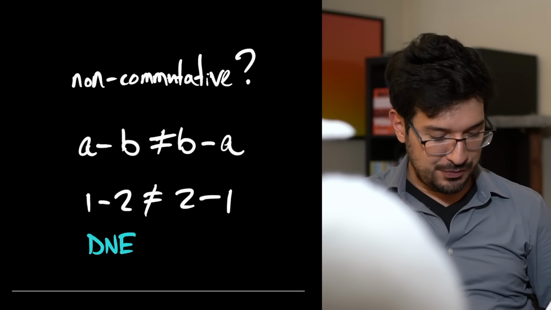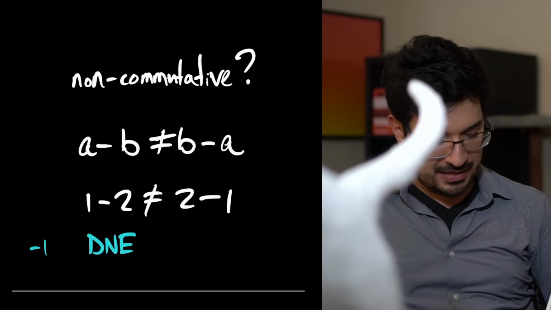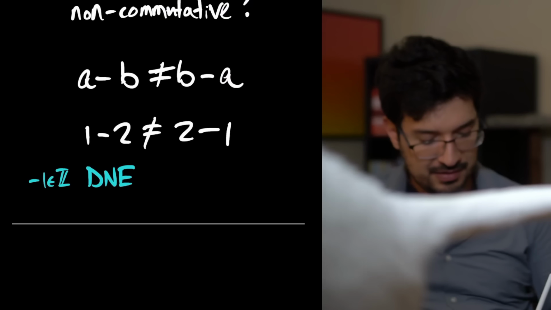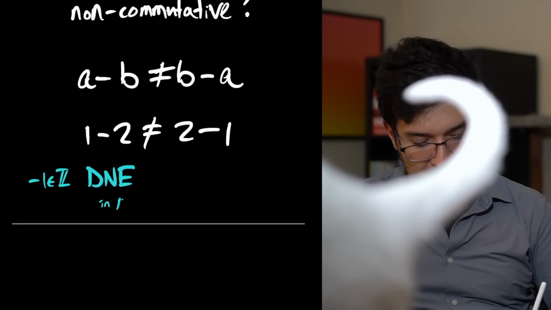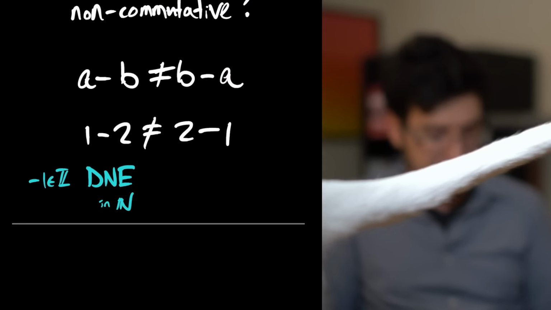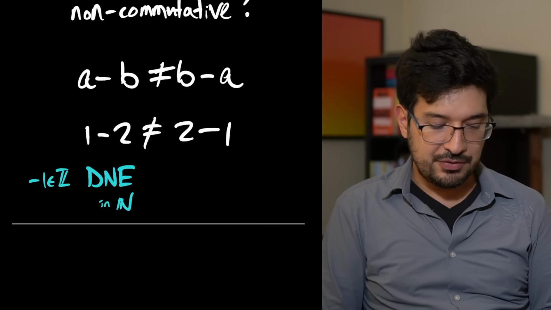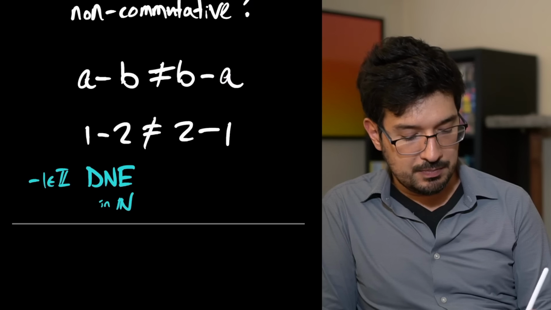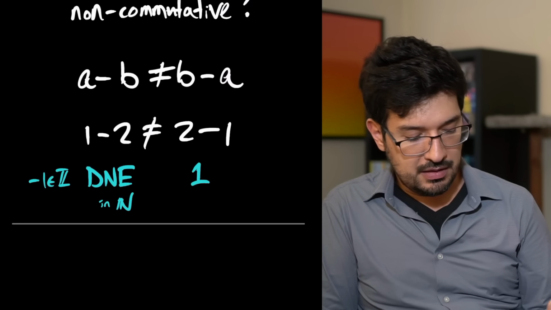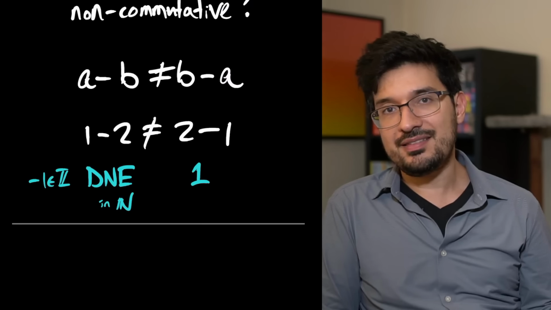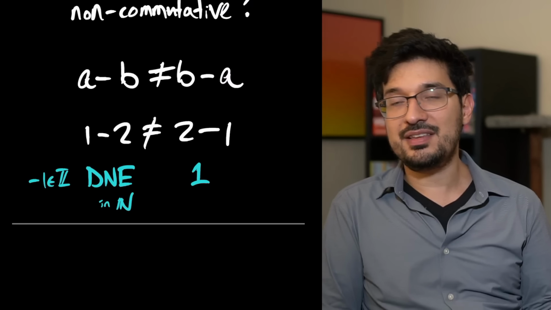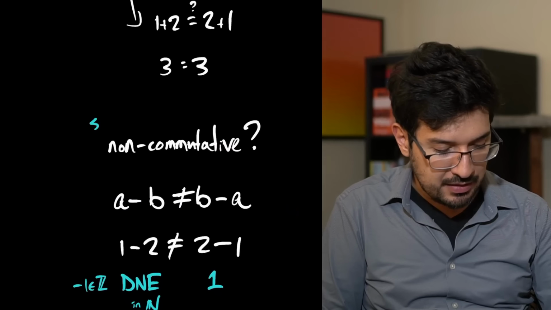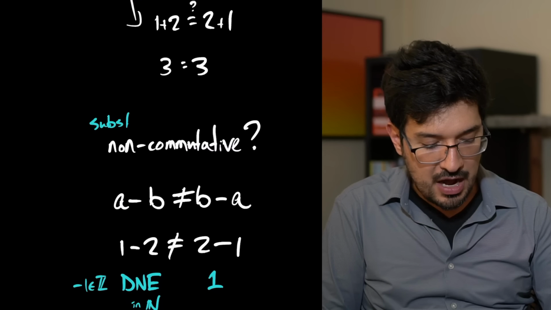That would be -1 in the integers, but it does not exist in the positive numbers. On the right-hand side, there's only one solution. 2 minus 1 is 1. And certainly, -1 is not the same as +1. So subtraction is an example of something that is not commutative.